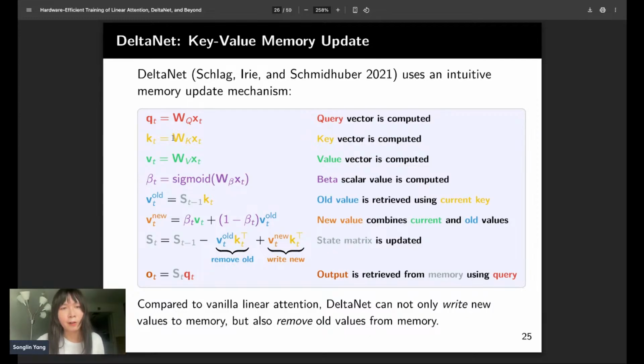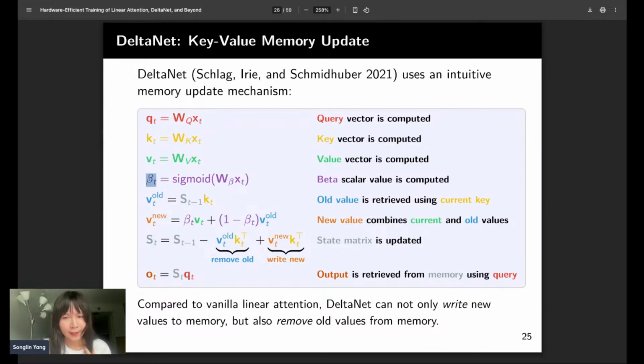In DeltaNet, we also have another linear projection mapping the input token to a scalar value, and we apply the sigmoid function to restrict this value to between 0 and 1.